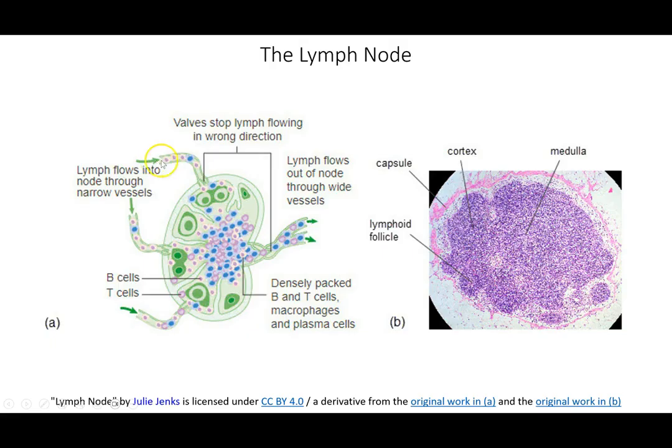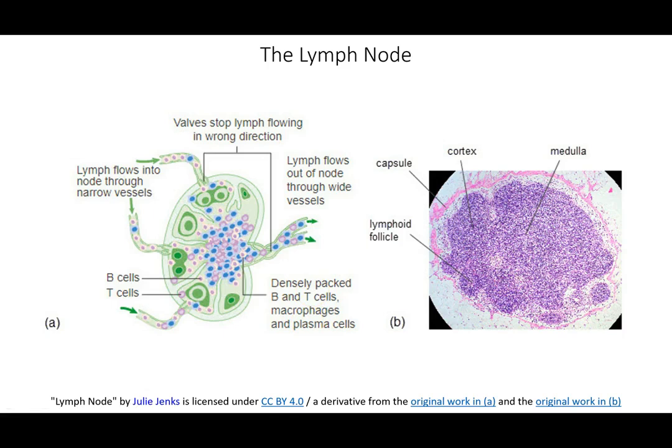Again, we're going to have these lymphatic vessels flowing into and out of it. So these can come into lymph nodes through multiple different ports, but they're generally only going to flow out through one particular vessel. And in our lymph nodes, we're going to have these very densely packed B and T cells, along with macrophages and those plasma cells derived from those B lymphocytes.